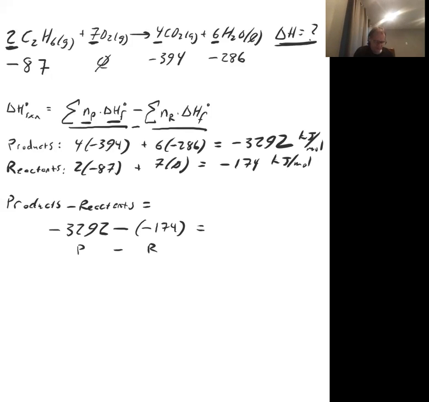Products minus reactants. So 3292 is negative. Oops. 3292 is negative. Minus a minus, so that's plus. And you get minus 3118.